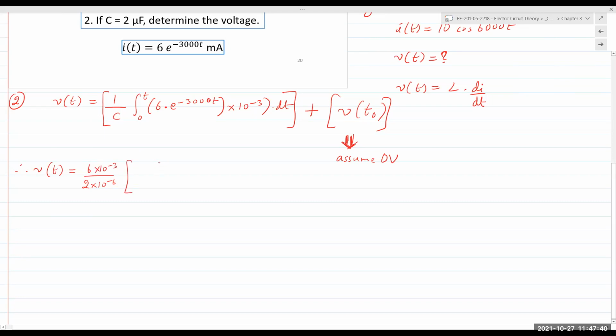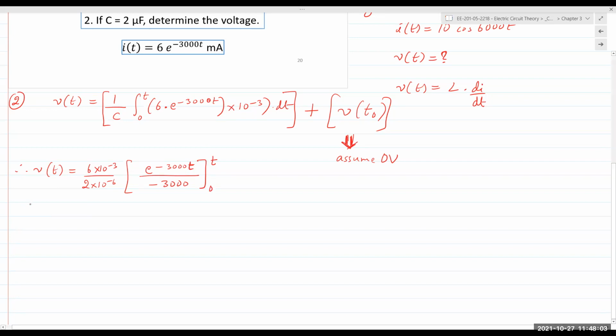Then we have e raised to minus ax, so we get e raised to minus ax divided by minus a. T inside the brackets is the variable. Outside is the limit of the integration. So 0 to t.